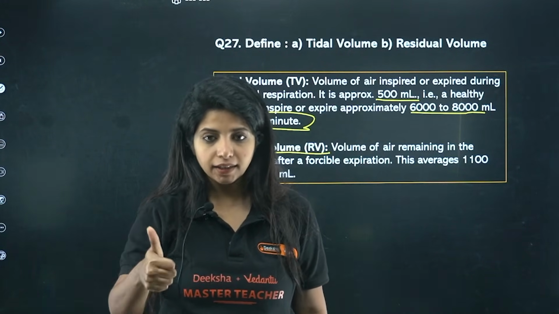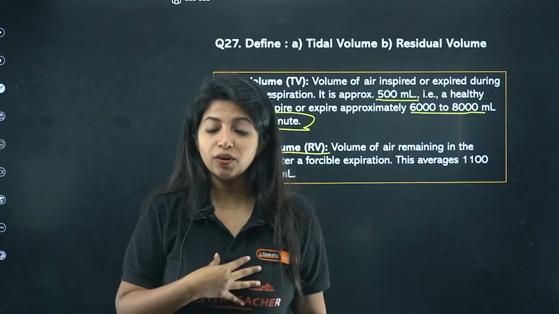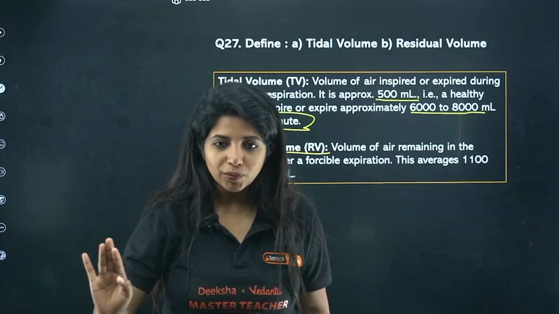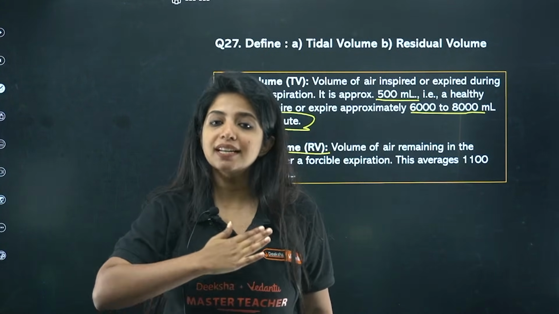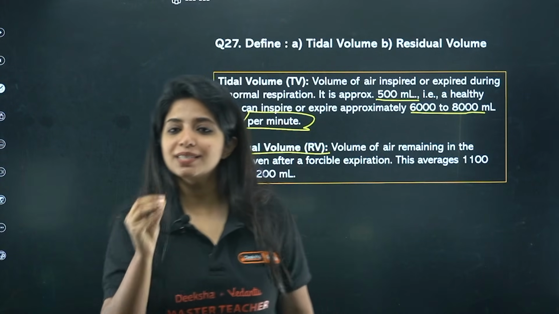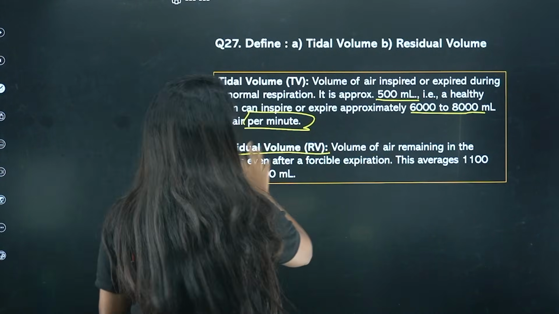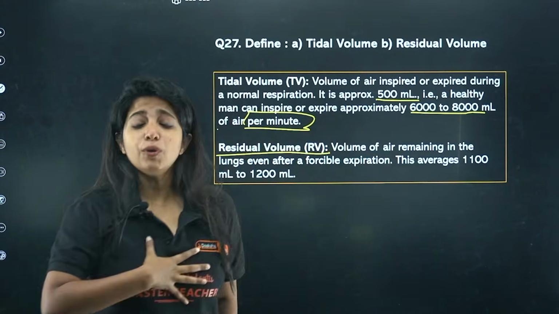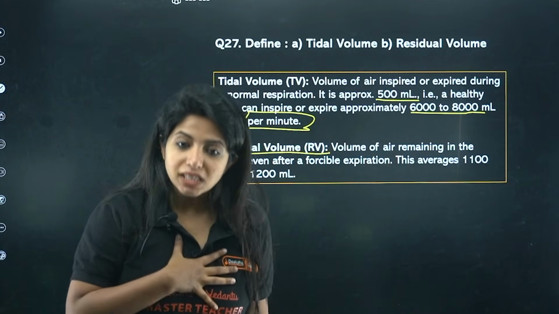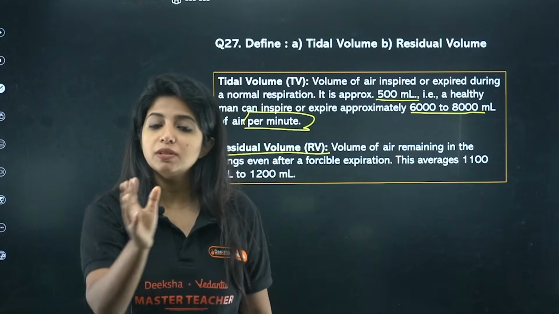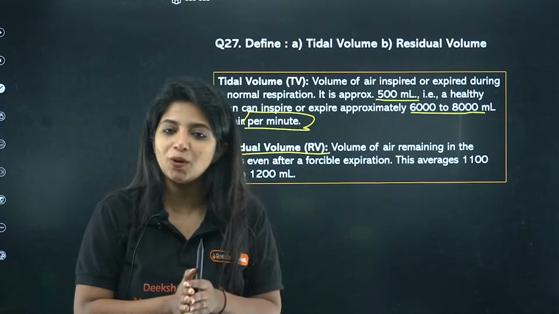Okay, I did that. Now do you think all the air in your lungs has been moved out? No, there will be some amount of air still left behind, and this is known as the residual volume. The volume of air remaining in the lungs even after a forcible expiration. You're doing the maximum of what you can, and still there will be something left. Otherwise, your lungs and everything will collapse, my dear children.